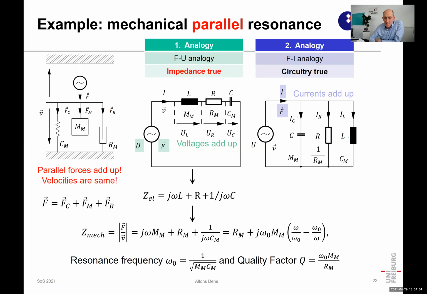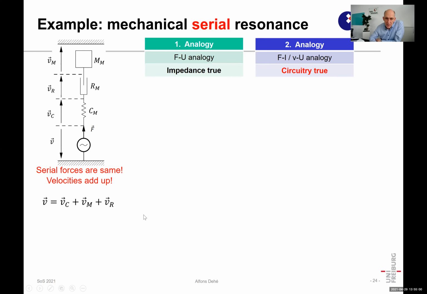So this is the simple circuit for a parallel resonant circuit. Of course, we also have a serial resonance where you have the force and velocity description in series. So you can add up the velocities, not the forces, in this situation. And this is a different case.